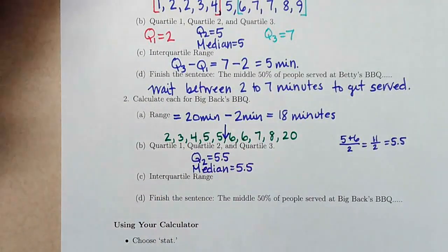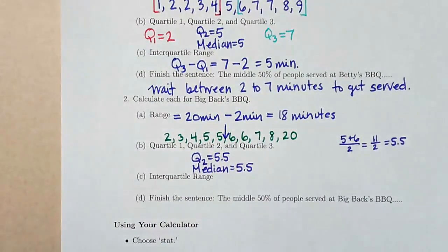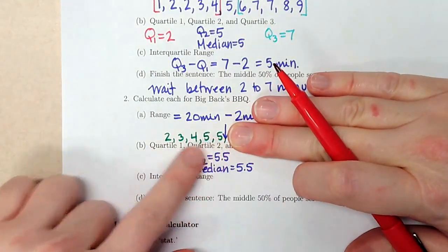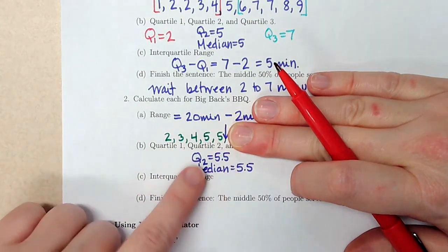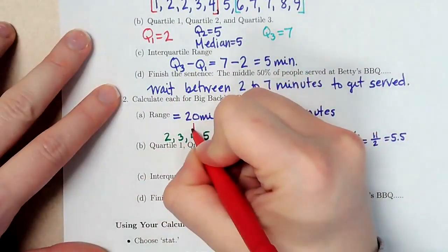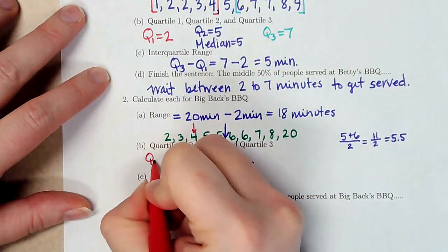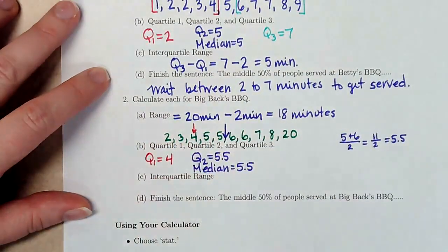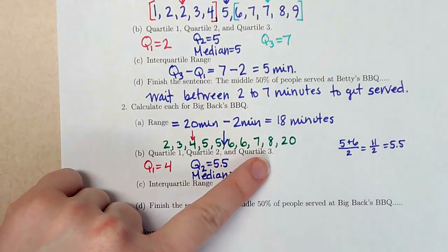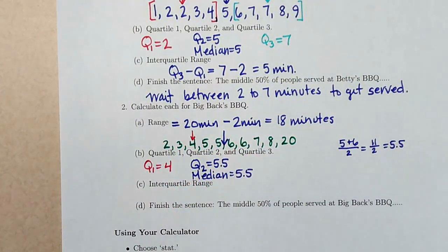Now I look at this data set and ask, where's the middle of this low half across this median? And it is 4. So quartile 1 is 4 minutes. And quartile 3, where's that?